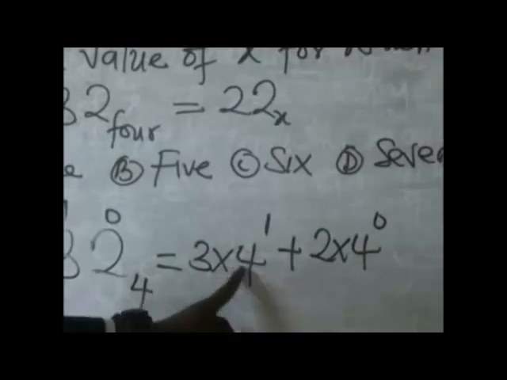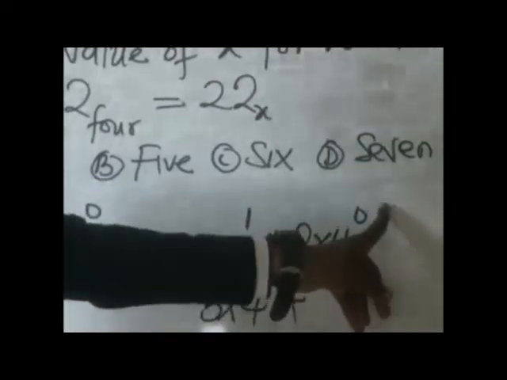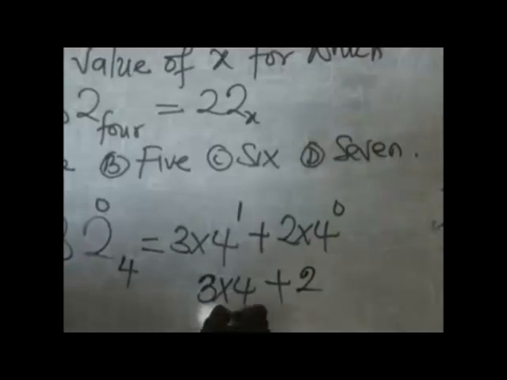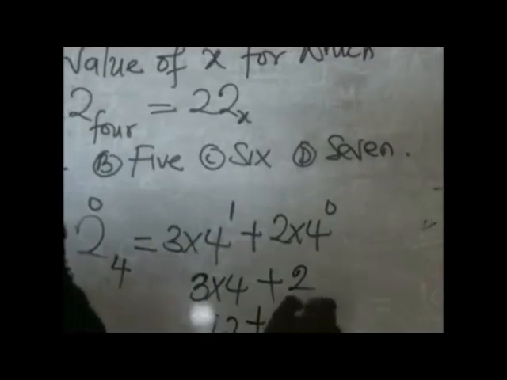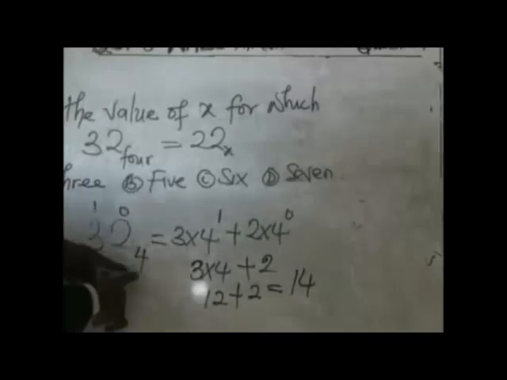So 3 times 4 raised to power 1 will give you 3 times 4, plus 4 raised to power 0 is 1. Any value raised to power 0 is always 1. So 2 times 1 will give you 2. So this becomes 3 times 4 will give you 12, plus 2. This becomes 14. So you have converted 32 base 4 to 14 now in base 10.